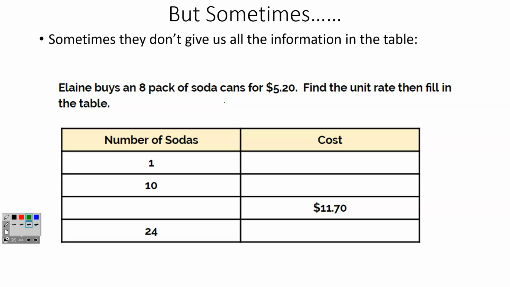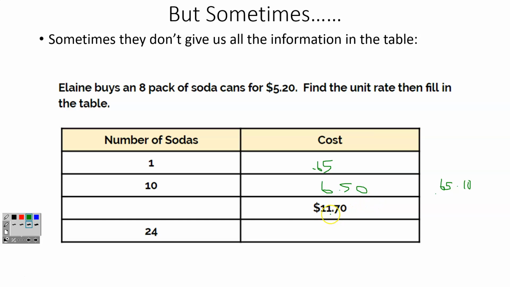So I'm going to do cost 5.20 divided by 8. So it's going to be 65 cents for one, so 0.65. If I wanted to figure out for 10, now I would just do 0.65 times 10, and that's going to give me 6.50.